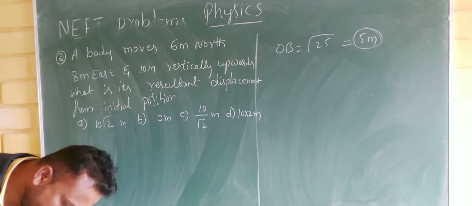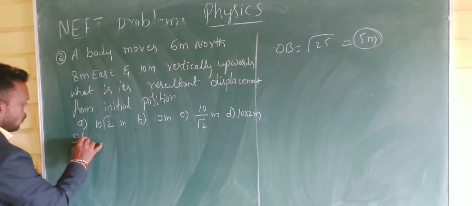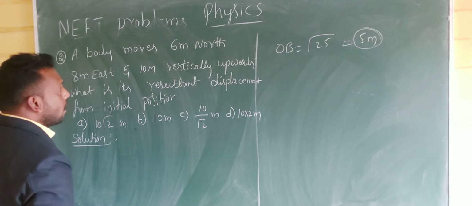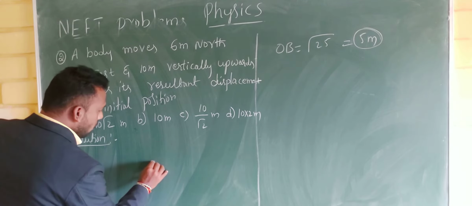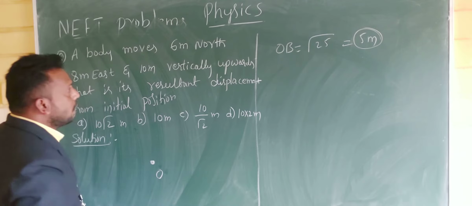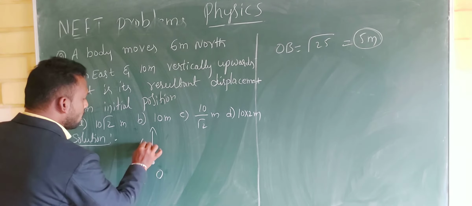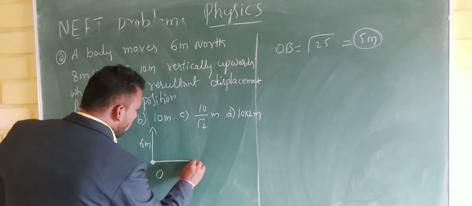Solution. The body moves 6 meter towards north direction and 8 meter towards east direction.